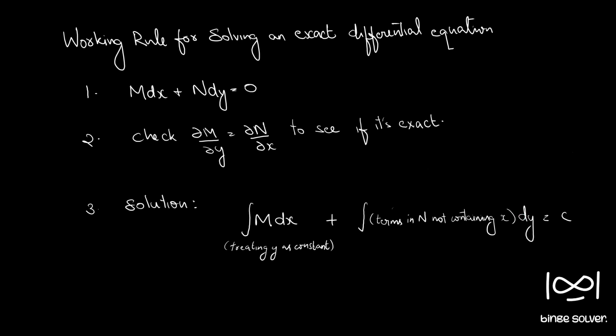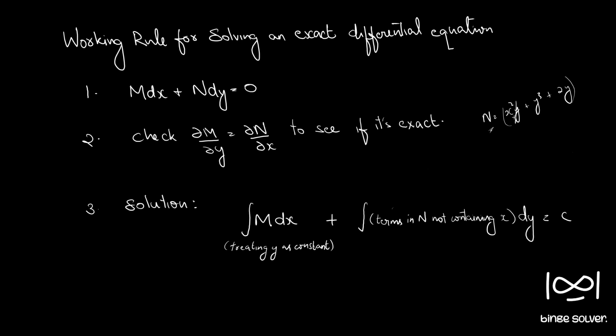N is also a function of x and y, right? Say it has three terms like x square y plus y cube plus 2y. I randomly created an N of this form. The second term of the solution is the integral of terms in N not containing x.